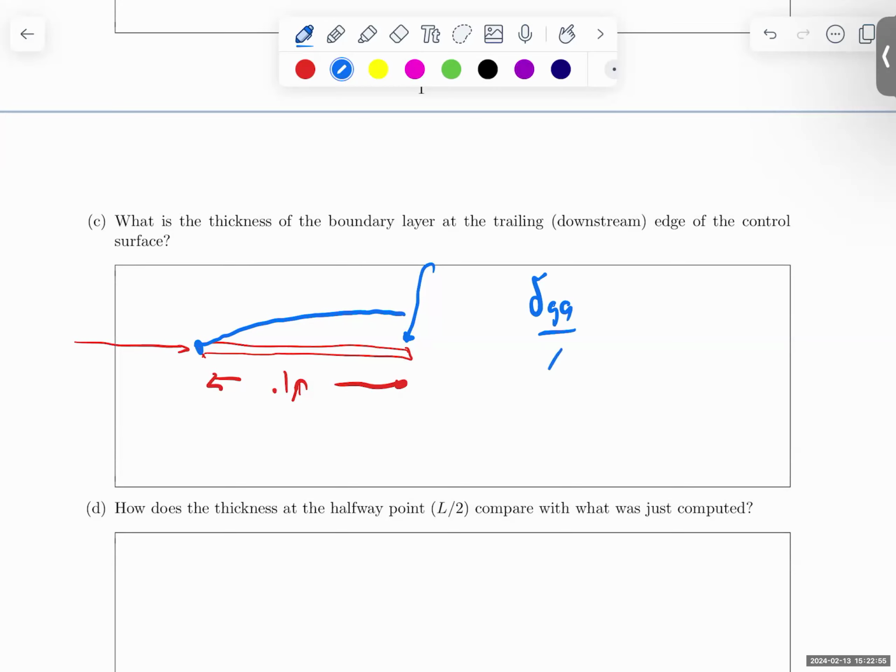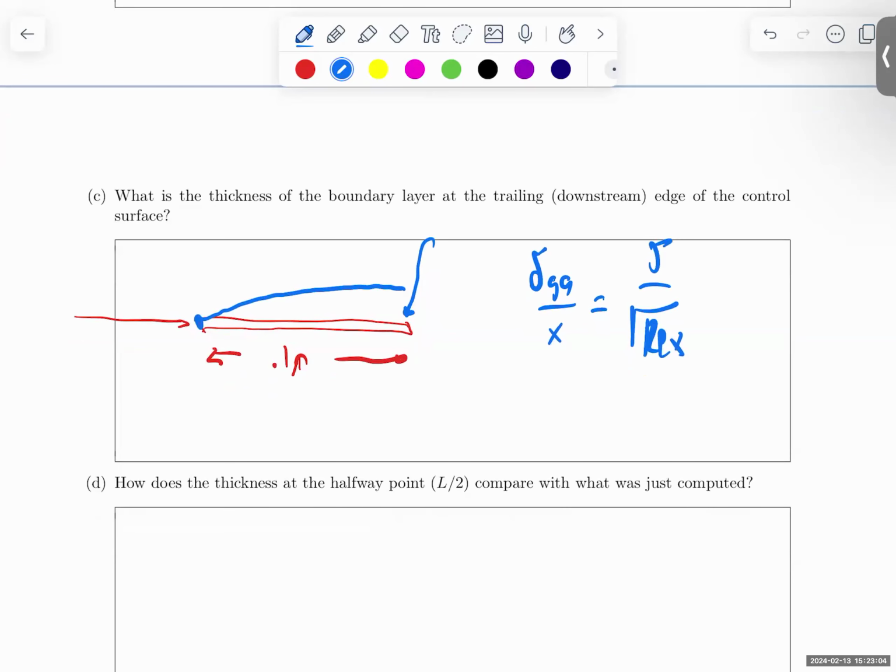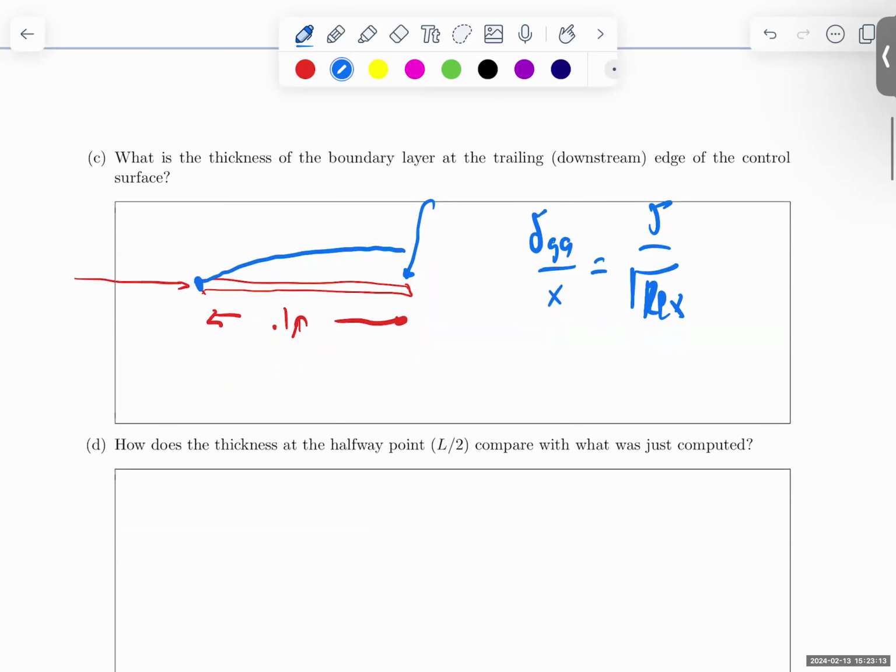For his formula for boundary layer thickness, we have the relative thickness, delta 99 divided by x equals 5 over the square root of Reynolds number. Again, we see our key dependence on the square root of the Reynolds number. But what location do we care about? x equals L, which happens to be 0.1 meter.